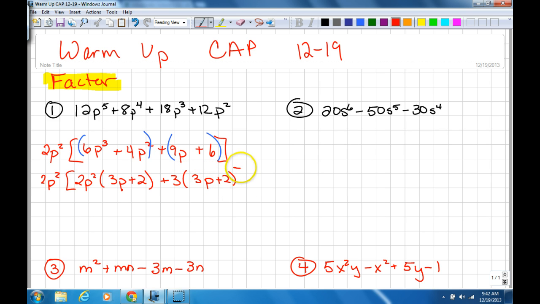All right? So notice that they both have a 3p plus 2 on this. So I can rewrite this like this. And what goes into my second parentheses? What's left?